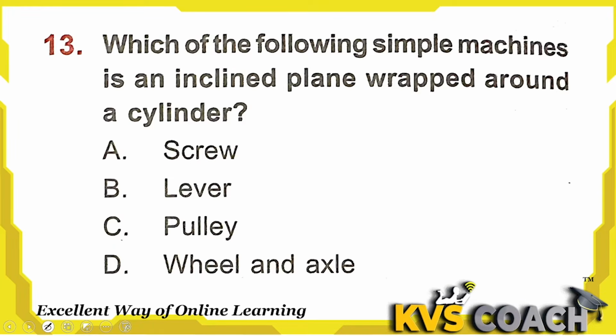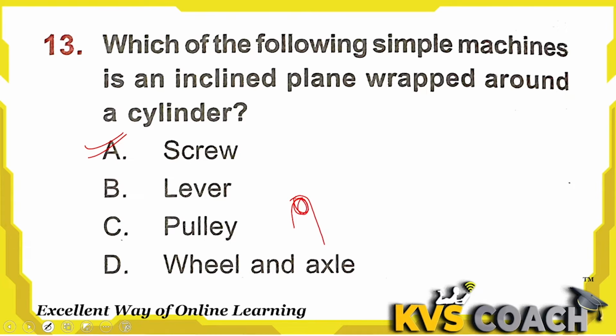Next is which of the following simple machines is an inclined plane wrapped around a cylinder? That machine is screw. Okay. Option A is the right answer here. Lever is the machine which you can pull and push. You have seen the lever in the cars. Okay, you can pull and push forward or backward. Pulley is the machine that is on the wheel, axle on the wheel actually.